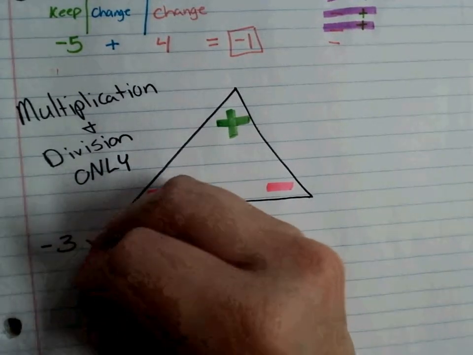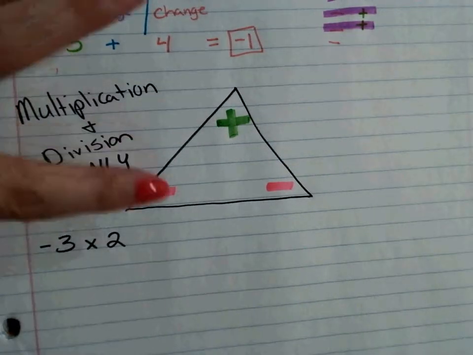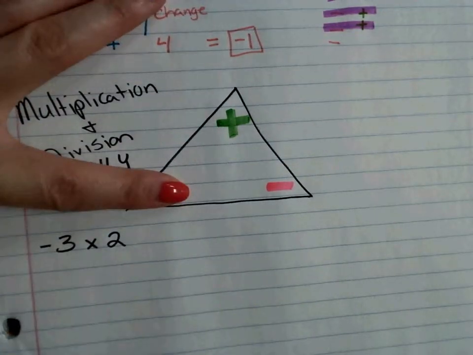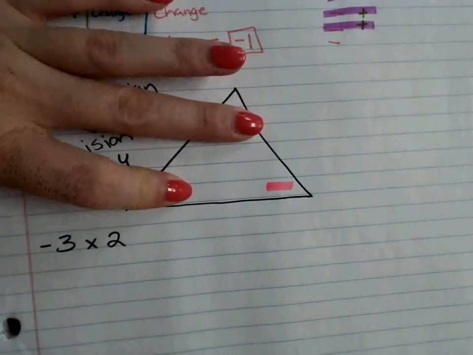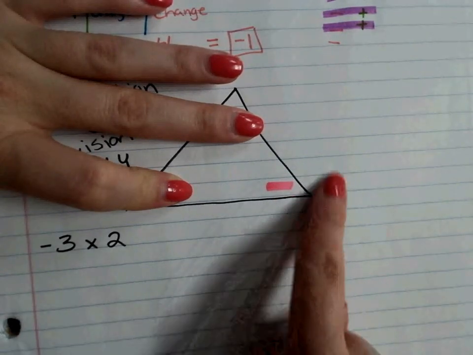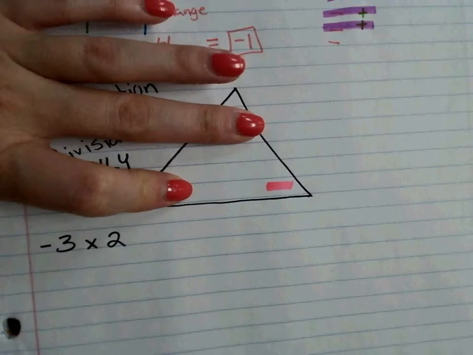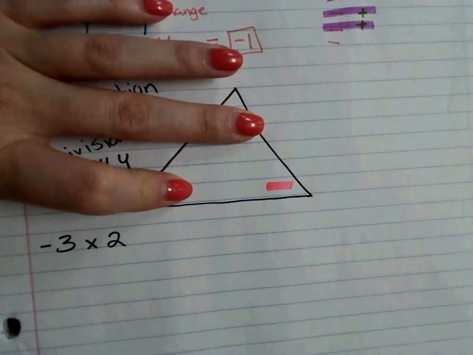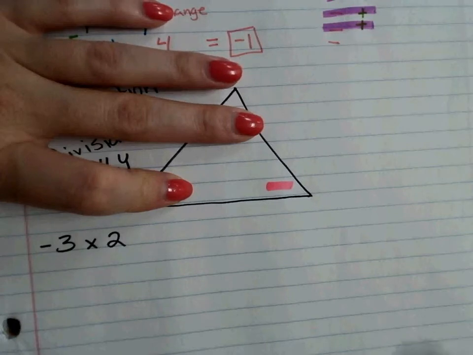So multiplication and division are probably the easiest ones to combat. If we have -3 times +2, I'm going to cover a negative because of -3, and cover a positive because of the +2, and my answer is going to be a negative. That's what's remaining. That's how the triangle works, and it only works for multiplication and division.